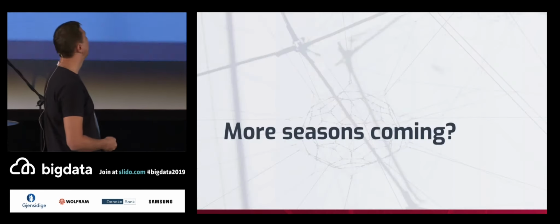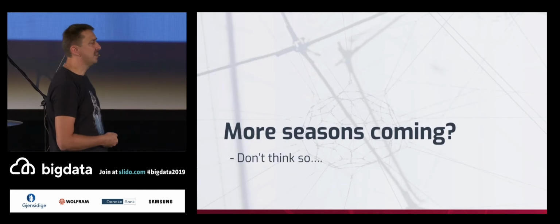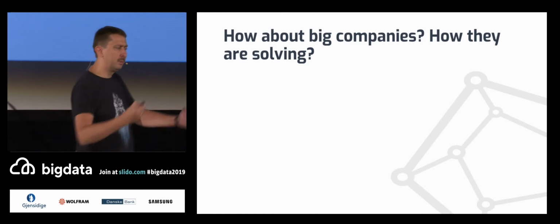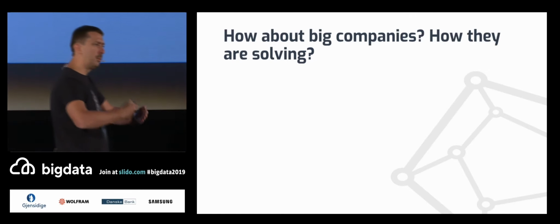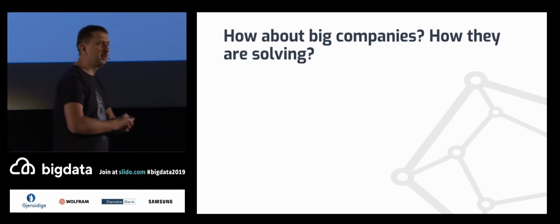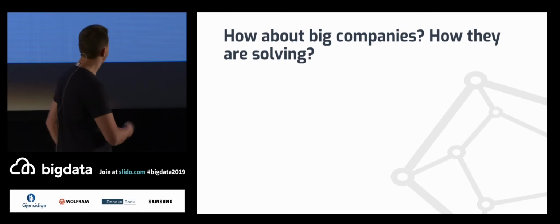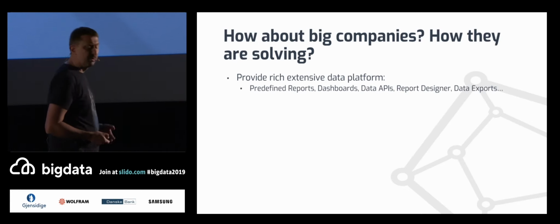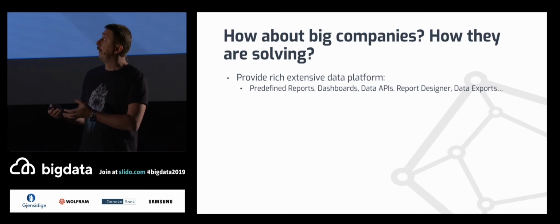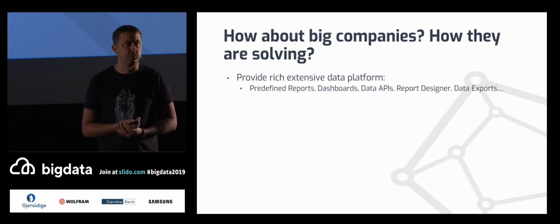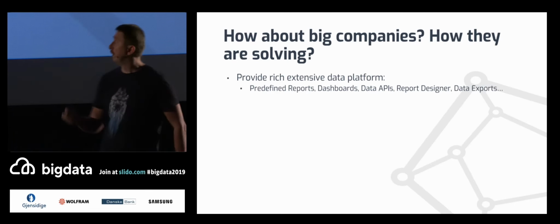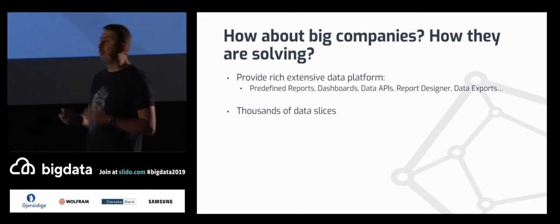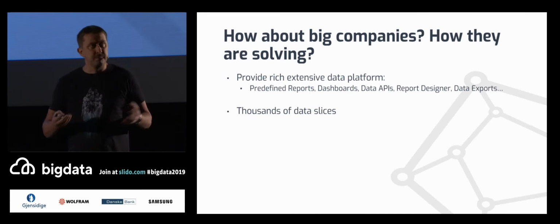And well, we started to think what to do with it. There definitely are good examples of how self-service or embedded analytics can be presented and given to customers, right? When you ask yourself how, for example, Google provides such a rich data platform, what is their secret? How do they support so many thousands of data slices that you just cannot imagine?